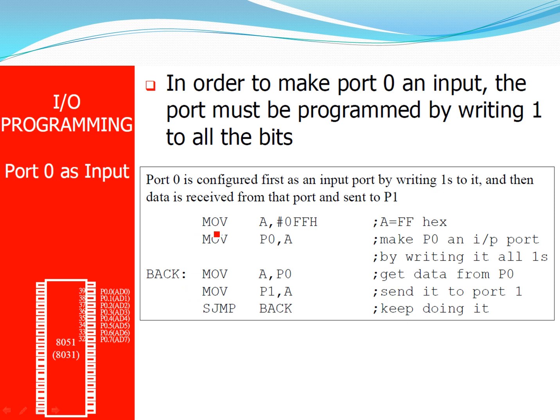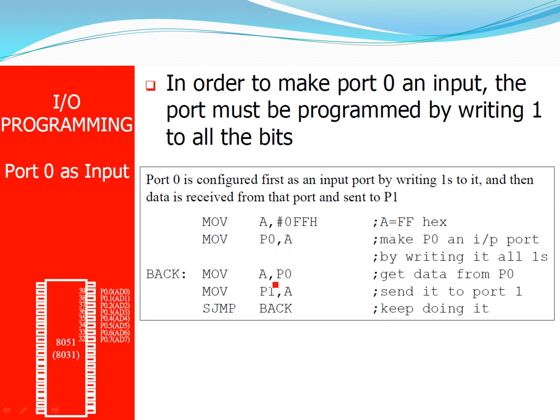So the first instruction is MOV A, #0FFH. Here the number starts with an alphabet, that's why we write the 0. So 0FFH, the accumulator is loaded with the value FF, and then MOV P0, A. That means P0 is now acting as an input port by writing the value FF to port 0.